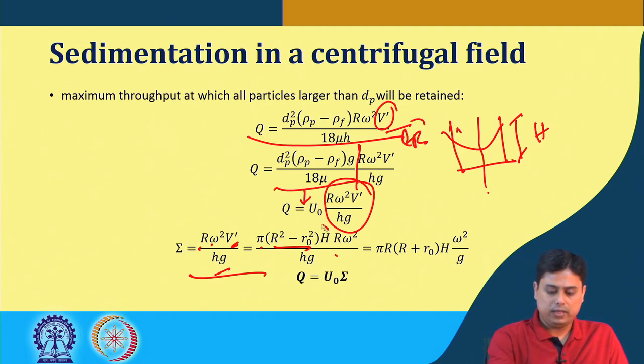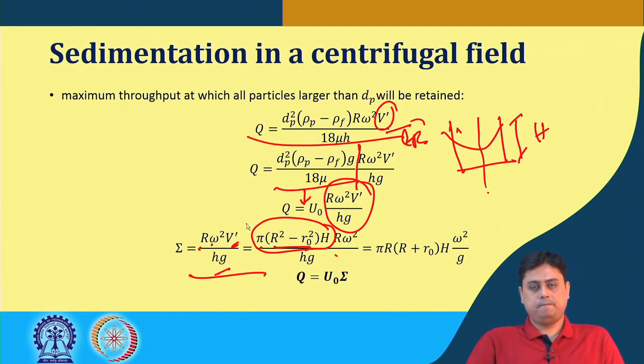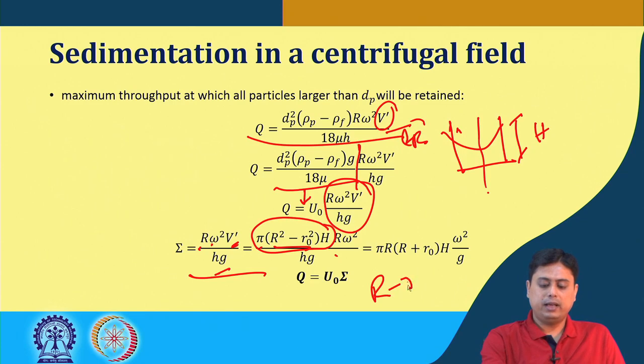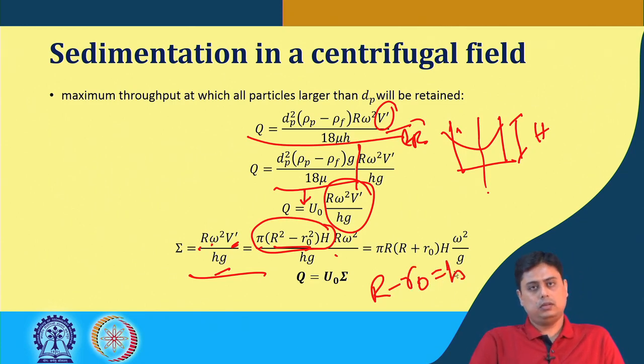So, this term is the expanded form of V prime, and then again R minus r0 is small h. So, this h and this h cancel out and it results in pi times R plus r0 multiplied by h multiplied by omega square by g.